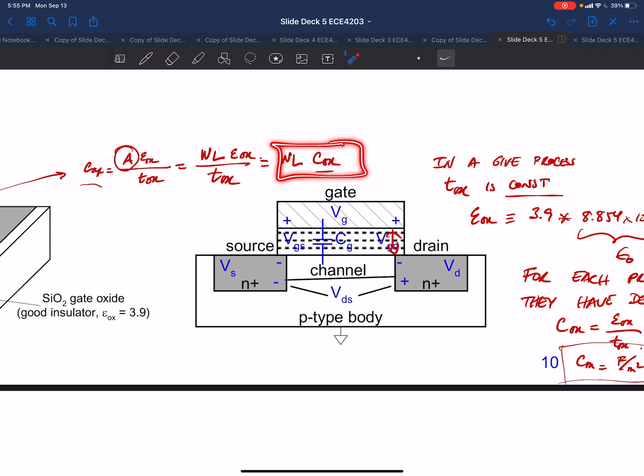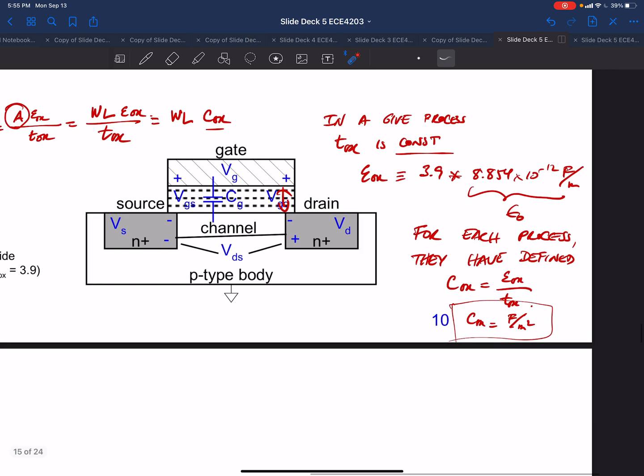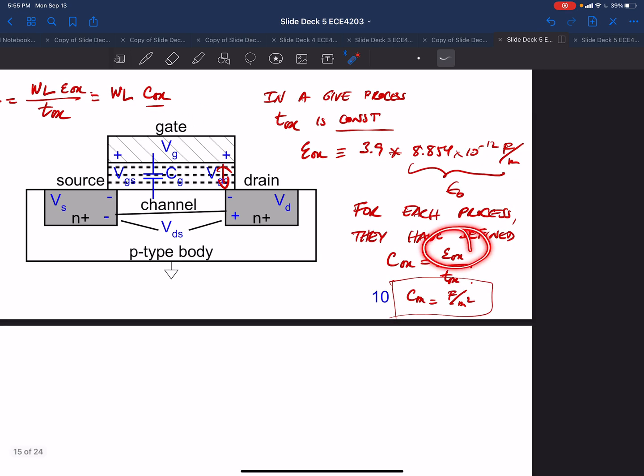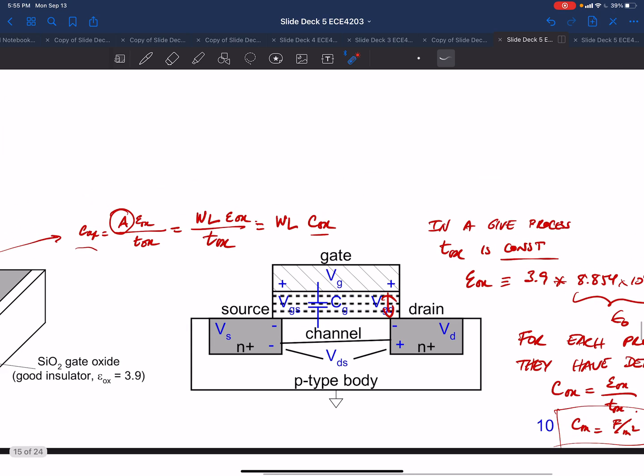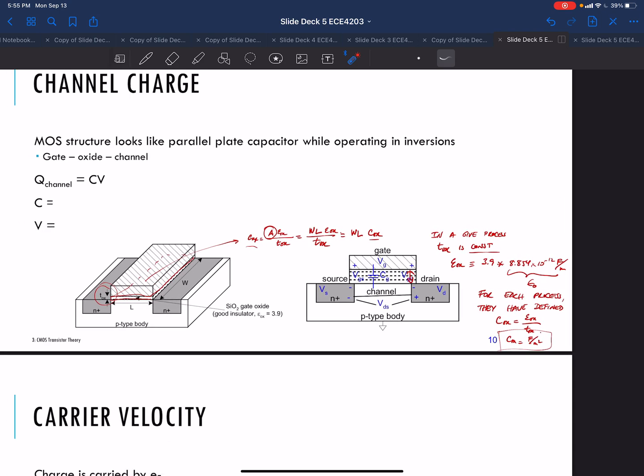But for now, let's just do area times this parameter C ox, which is the permittivity of the material divided by the oxide thickness. So that's the C here.